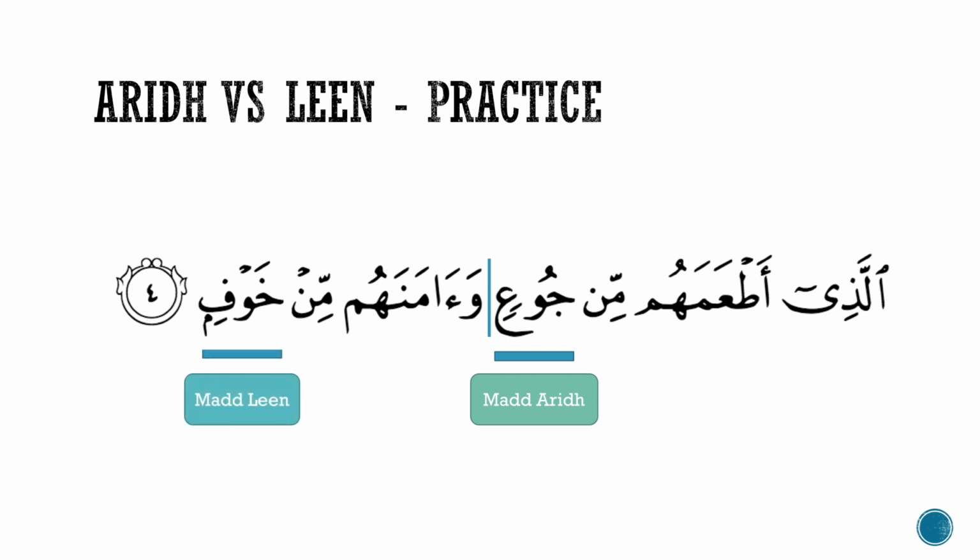And at the end we can see from the word khawf that we have the letter waw, which has a sukoon, preceded by a fatha, followed by the letter fa, where we'll put a temporary sukoon. So we will have the word khawf, and this will be known as mad leen.